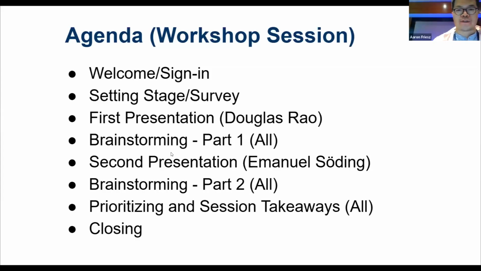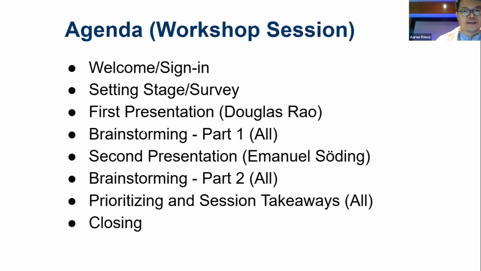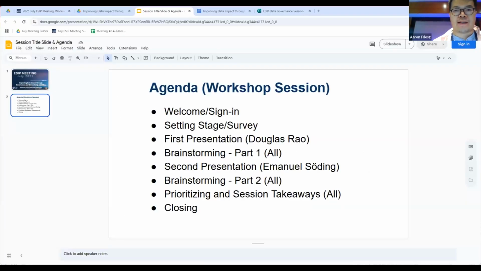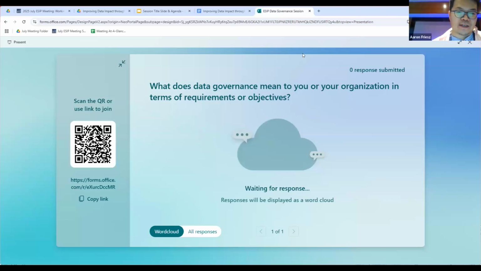You will also find the link to the survey. It's basically one question. You can find it in the notes document, or if you look at the screen, you can just scan the QR code, whether you're in person or in front of your computer.